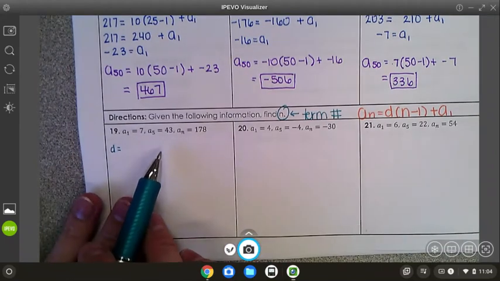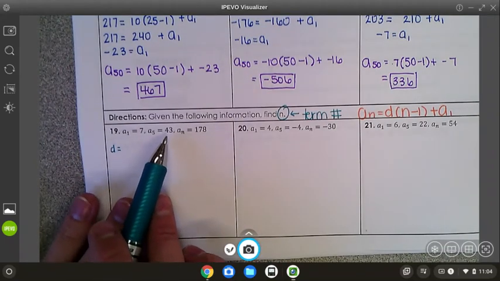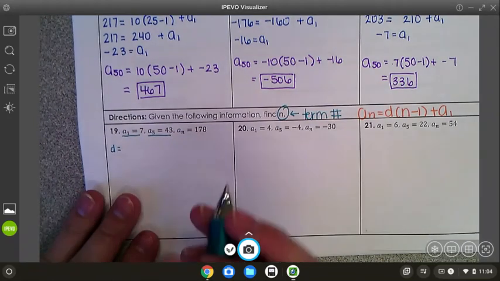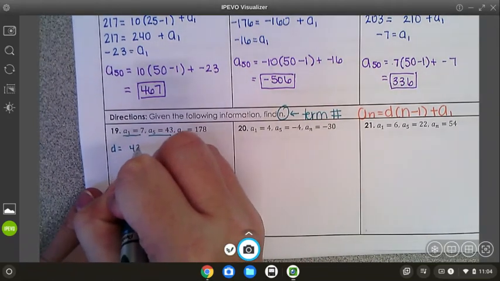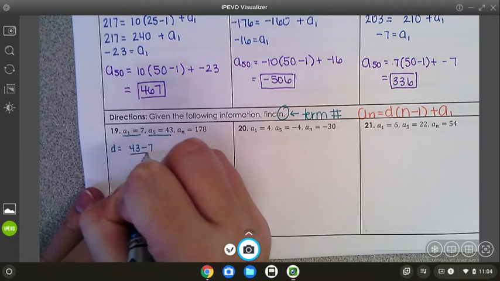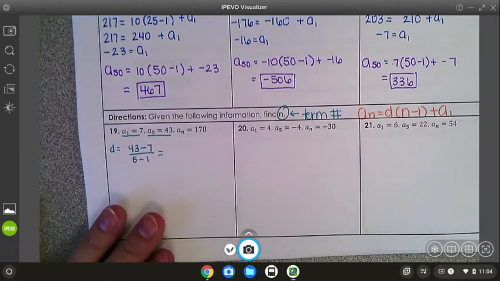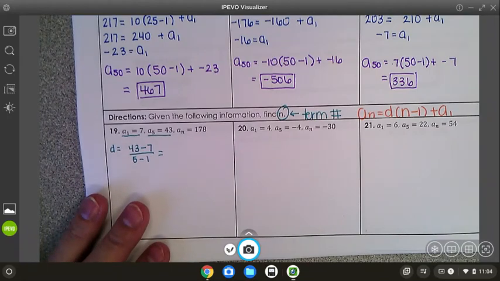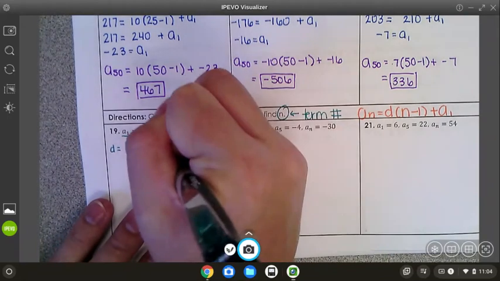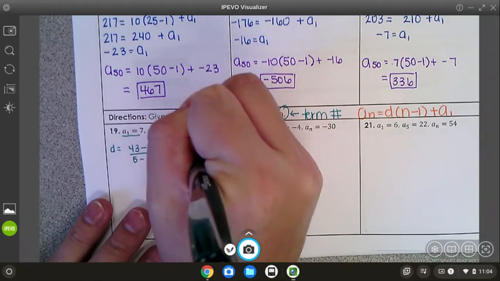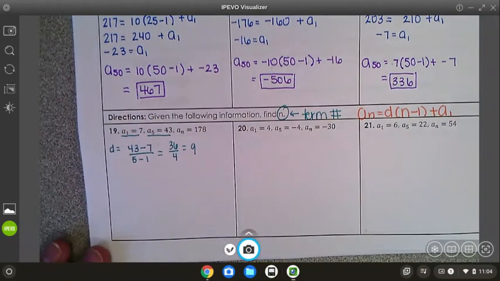So remember, for our common difference, we can use any two terms that we've got. We can do 43 minus 7 over 5 minus 1. And this gives us 36 over 4, which is 9.